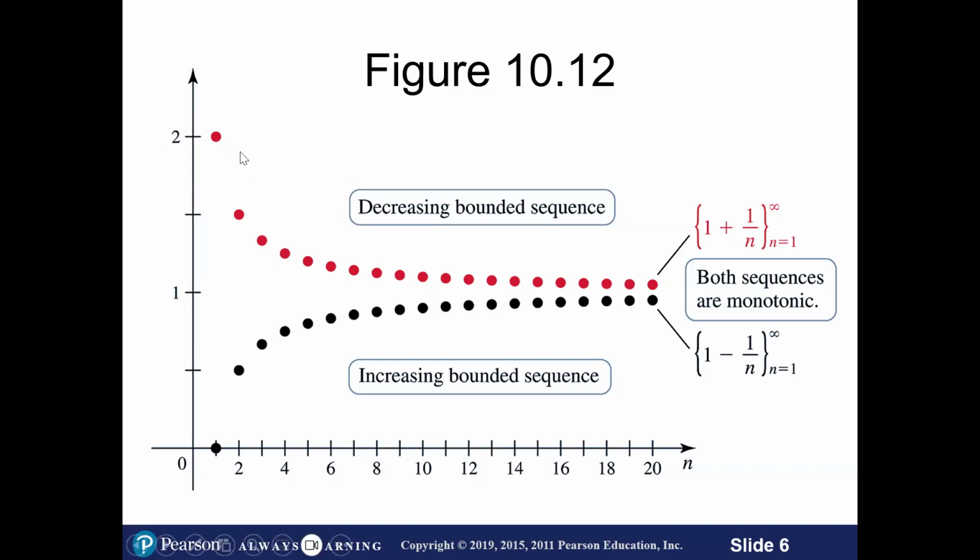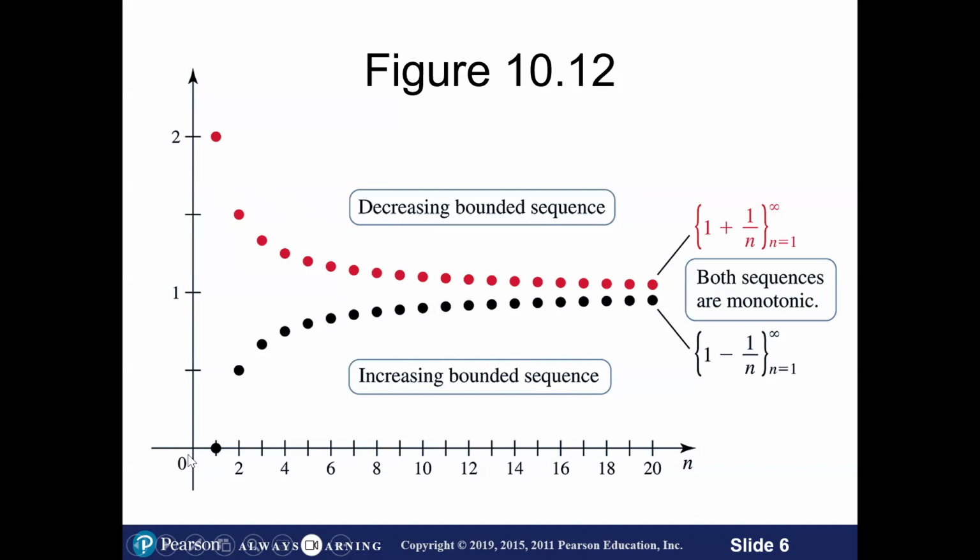It's bounded because for n equals 1 to infinity, we range from 2 to 1. Okay. It's monotonic because it's decreasing and it's bounded. It's monotonic because it's going in the same direction.